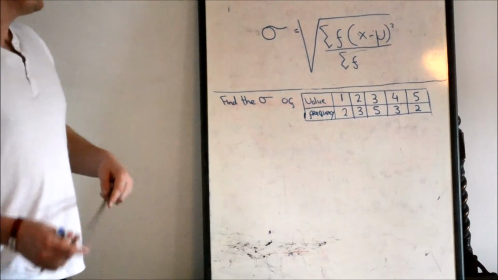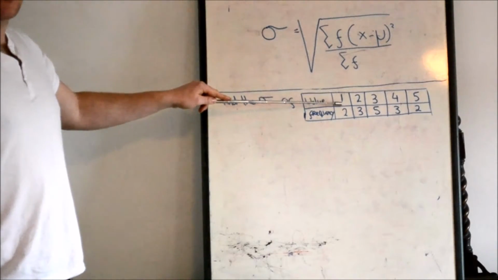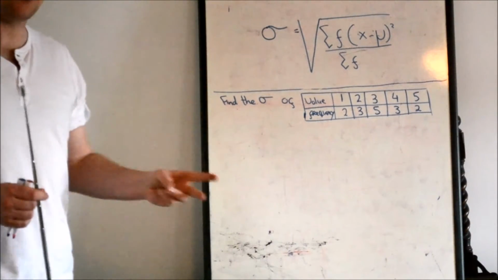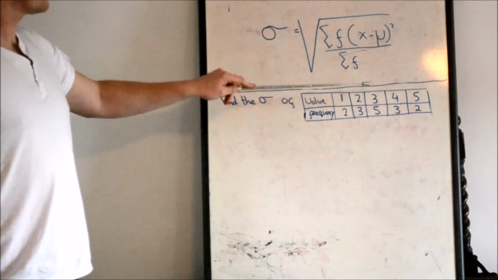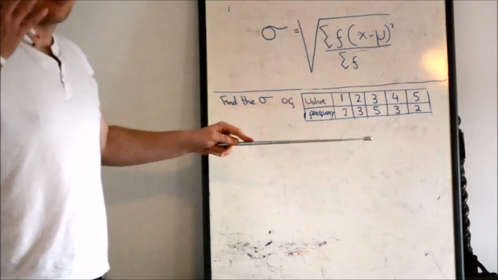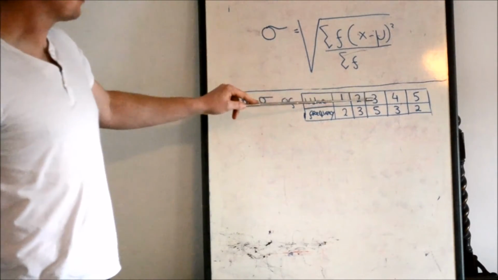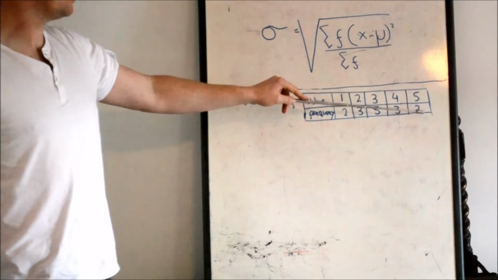So in this, 2 people scored a value of 1 for their dive. Okay, so the frequency, so 2 people scored a value of 1. 3 people scored a value of 2. 5 people, so again, the frequency is 5 people scored a value of 3. 3 people scored a value of 4, and 2 people scored a value of 5.